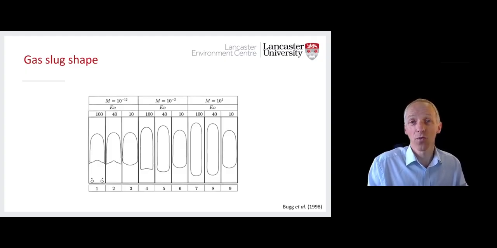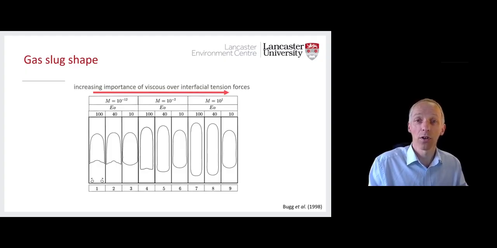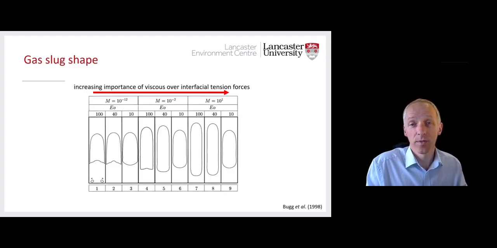Going from the left to the right of the three uppermost columns increases the Morton number from 10 to the power of minus 12 to 10. This represents an increasing importance of the viscous forces in the system over the interfacial tension forces. Within each of these Morton number sets, there are three examples for different Eötvös numbers.